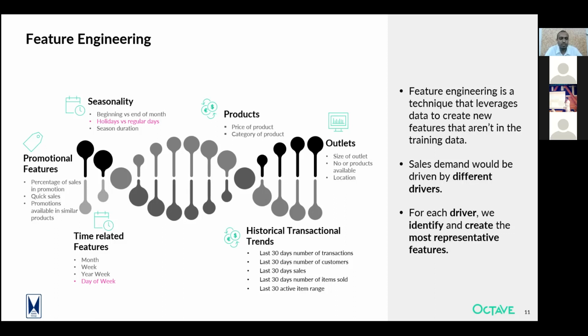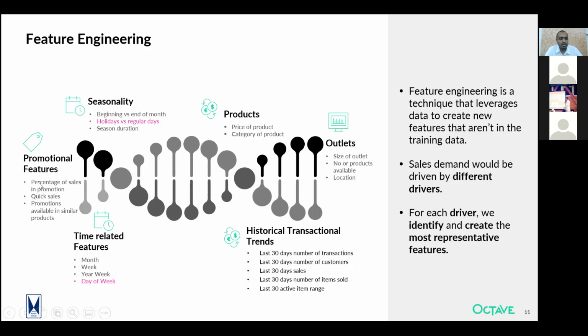Then we have these promotional features. These features are also vital when it comes to predicting the sales. For example, if there's a promotion, a promotion is an instance where you give out items at a lower price, where customers are able to buy the products at a lower price.